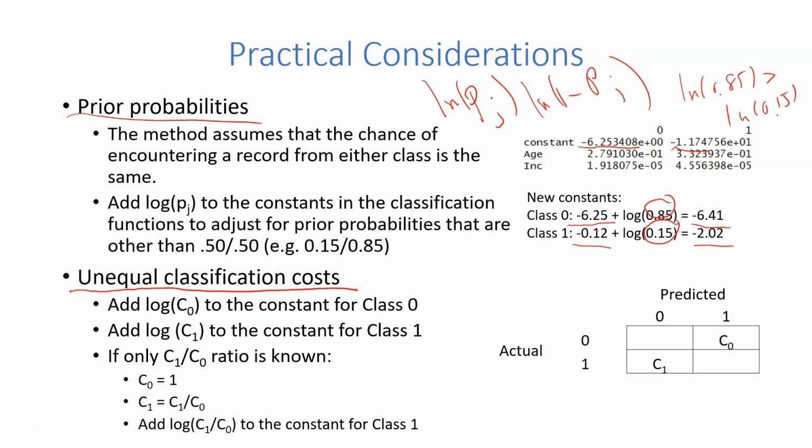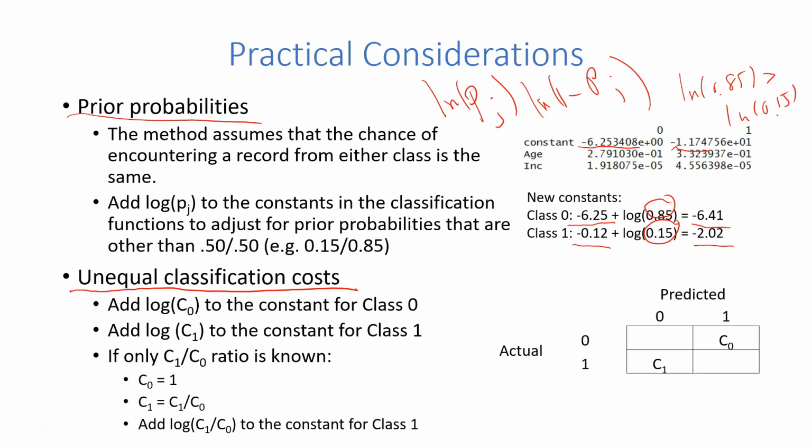For example, in our case of home equity line of credit offers, misclassifying a customer who does not respond into the response class would mean wasting the cost of mailing of a promotion offer or making a phone call. But misclassifying a customer who would respond into the non-response class would mean losing the revenue from the business opportunity, which is much more than the cost of a mailing or a phone call.